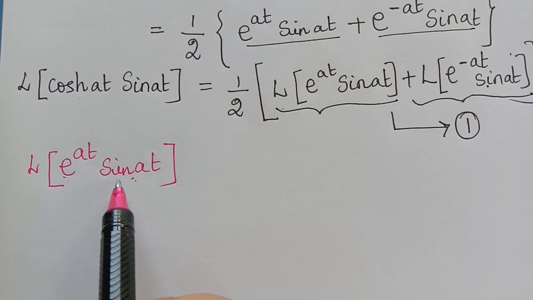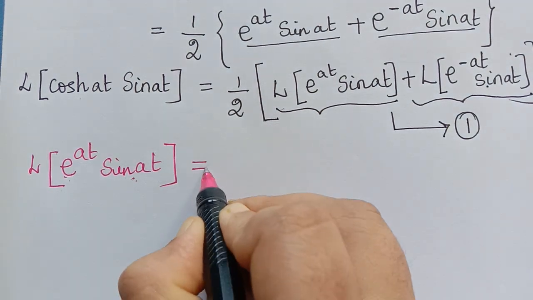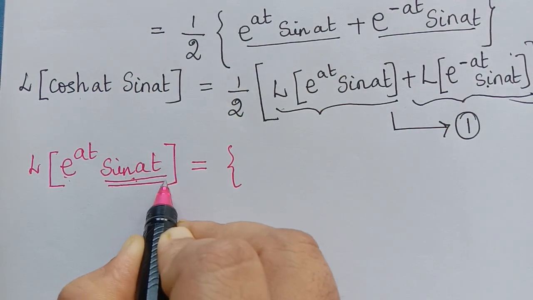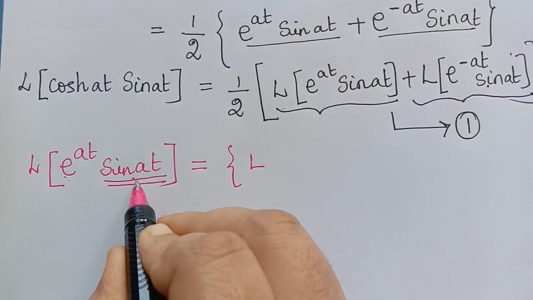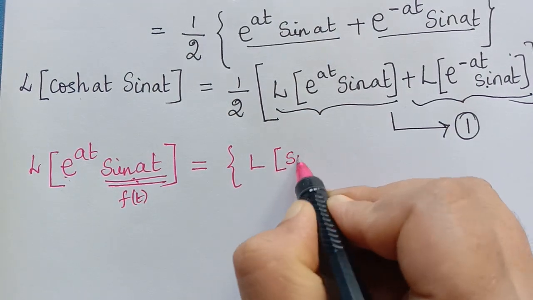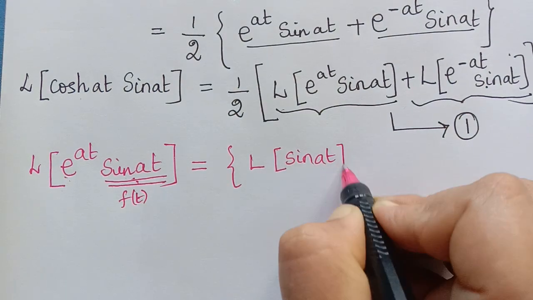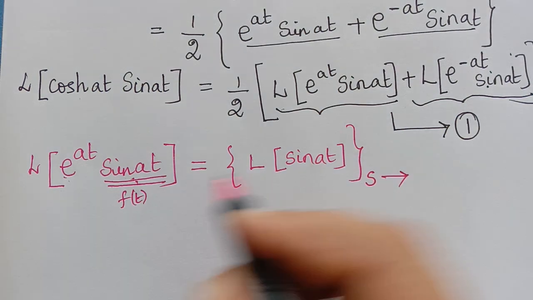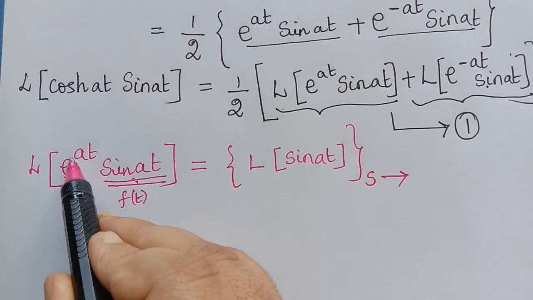So when we apply the first shifting theorem, this will be equal to, we have to find the Laplace transform of the function f of t. So f of t is what here? Sin at. So the Laplace transform of sin at, and in the resulting answer we have to shift s to, here we have e to the power at, so plus here.